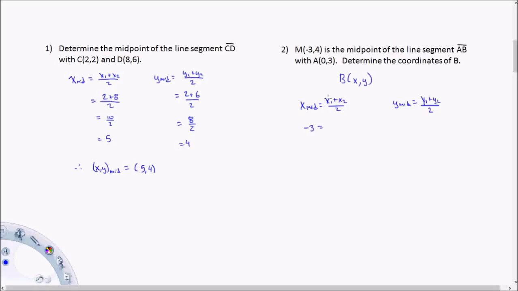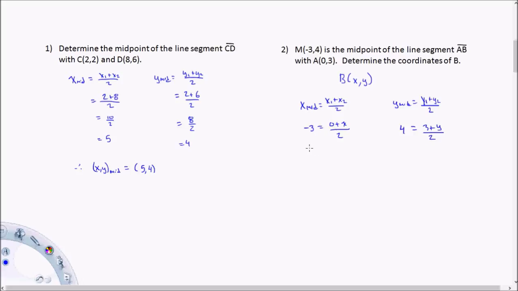And that'll be equal to x1, which is 0, plus x2, which is our x-coordinate for B, so that's just x, over 2. That's the formula. The y midpoint is 4, so we have 4 equals 3 plus our y-coordinate for B, so y, and that's over 2. So let's rearrange and solve for x and y.